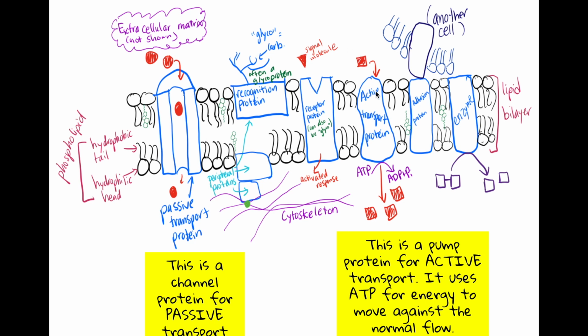On the same image, you see a transport protein that says active transport protein, and you'll see ATP being used, and that's because you're noticing this material is going from a low concentration to a high concentration. Typically, this protein might be called a pump protein or an active carrier protein.